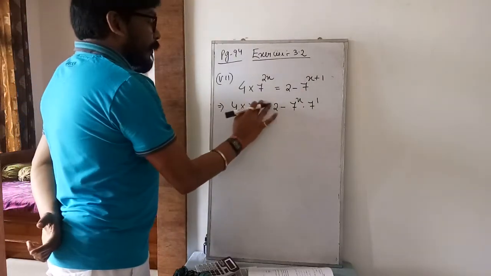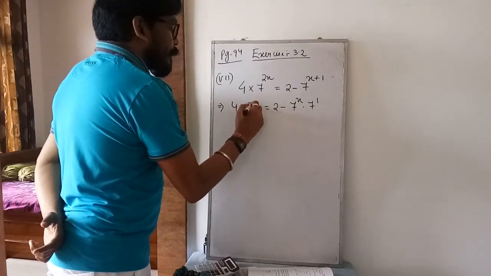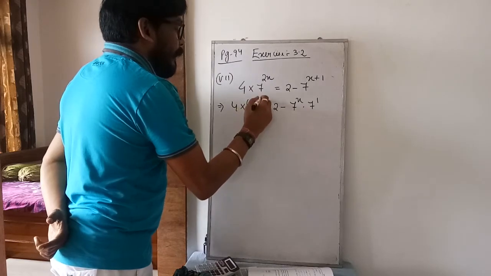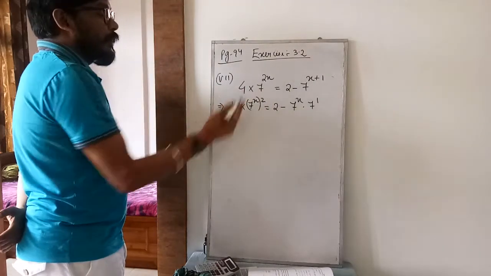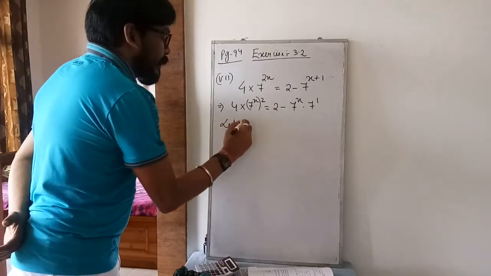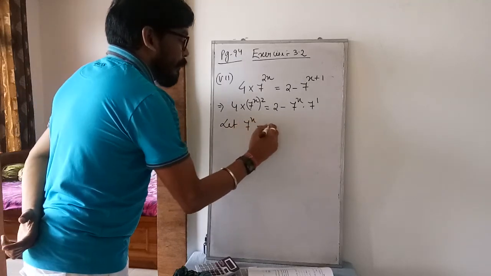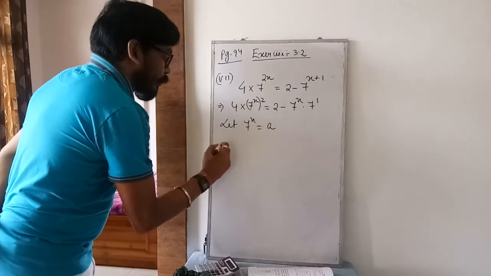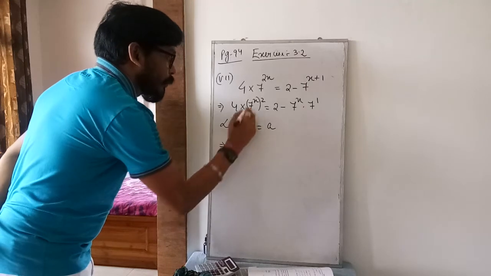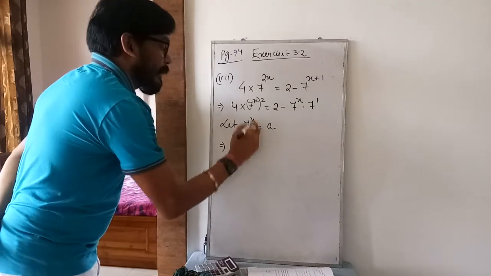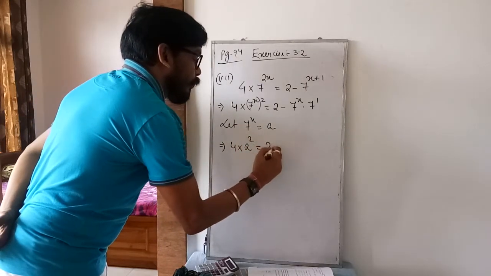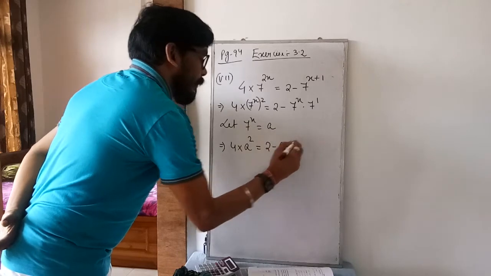And this 7 to the power 2x, you can write in this form, 7 to the power x, here it is 2. Same thing, x into 2 is 2x. So I will assign a variable for 7 to the power x, 7 to the power x equal to a. So what you can write, 4 into 7 to the power x you have taken as a square equal to 2 minus a into 7.